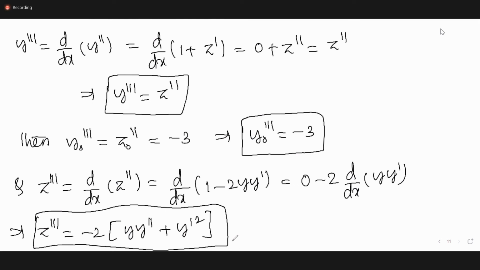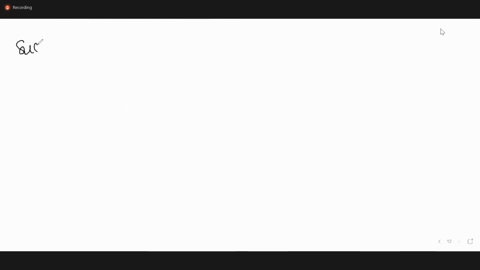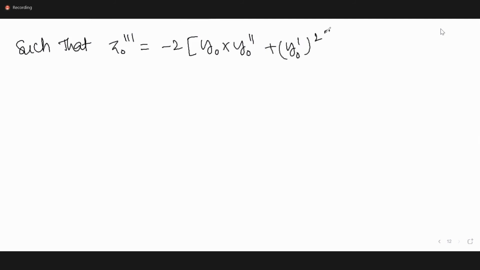So y into y double dash, plus second function y dash into differentiation of first function, for the differentiation of y dash, so y dash into y dash, square. Such that z naught triple dash is equal to minus 2 into y naught into y naught double dash plus y naught dash whole square.